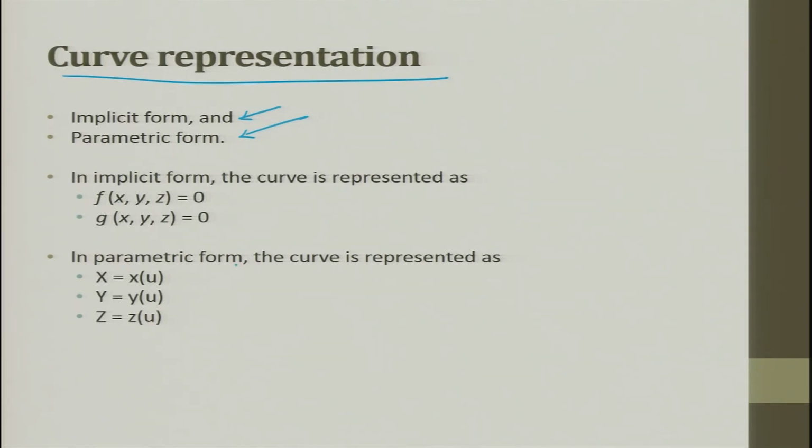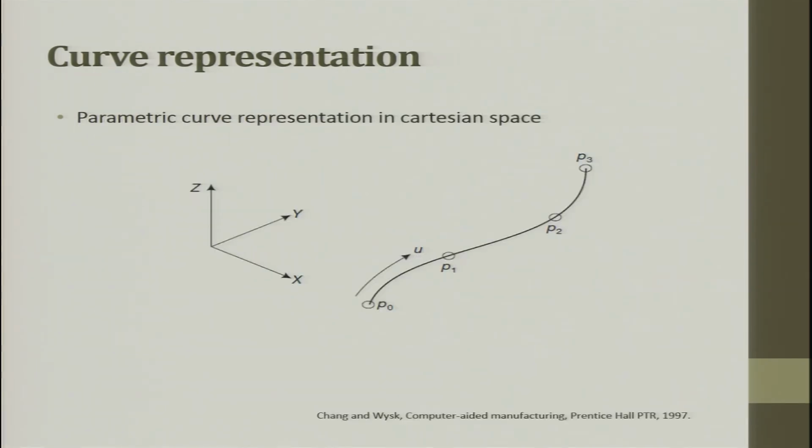In parametric form, the curve is represented as x = x(u), y = y(u), z = z(u). You see all these are linked by a factor called u. All I have to do is define u, which takes a value from 0 to 1, and I can get whatever output I want. So here is a curve. I have defined the start point, end point, and points P1 and P2.